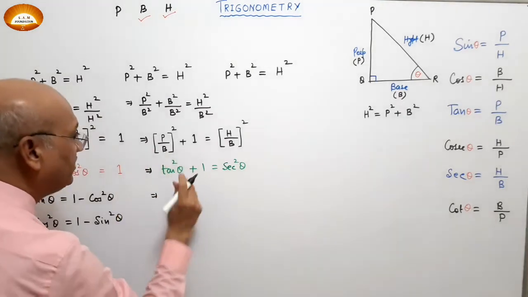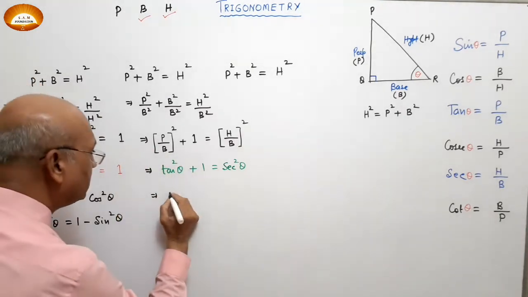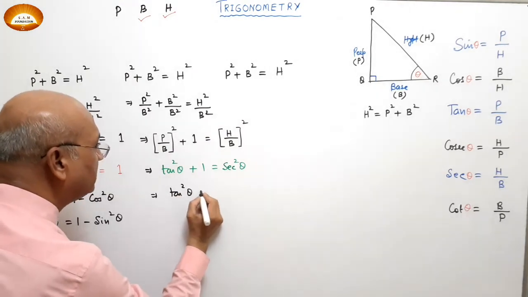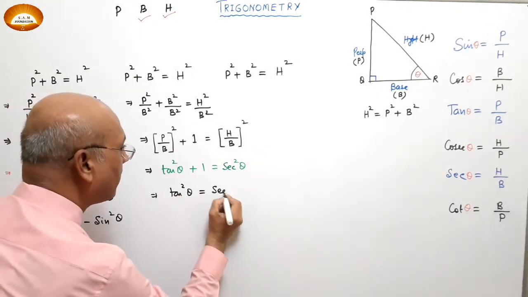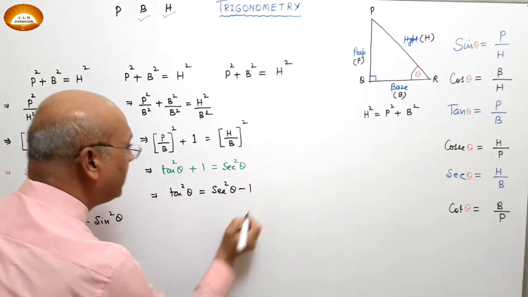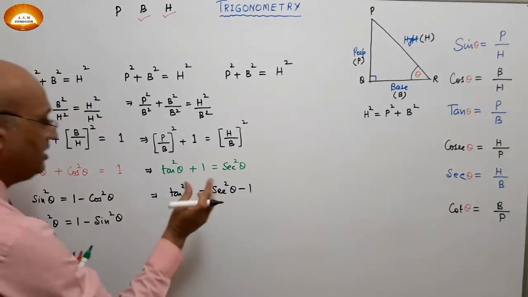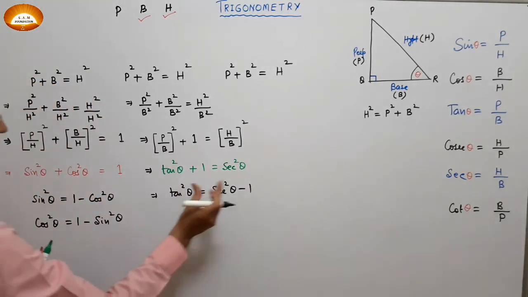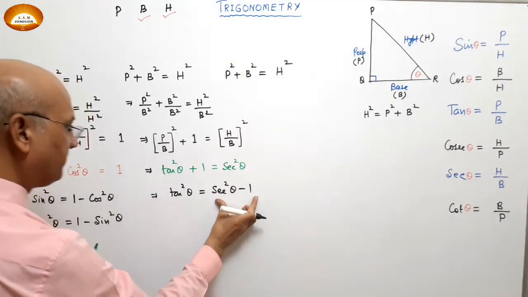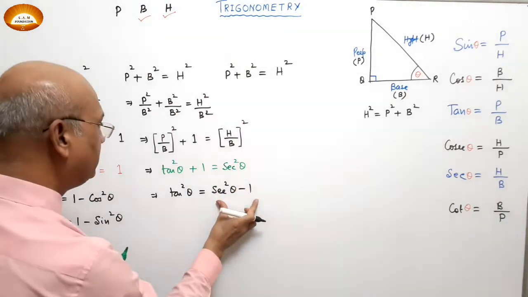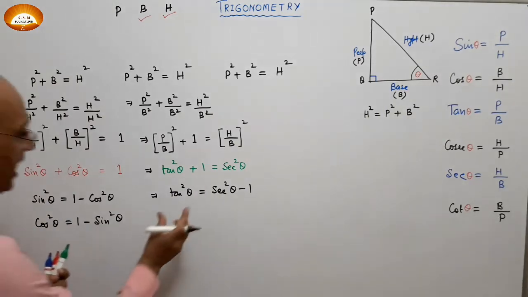Now we can transfer this one to that side. So tan square theta equals sec square theta minus 1. So what does it mean? In place of tan square theta, I can write sec square theta minus 1, and in place of sec square theta minus 1, I can write tan square theta.